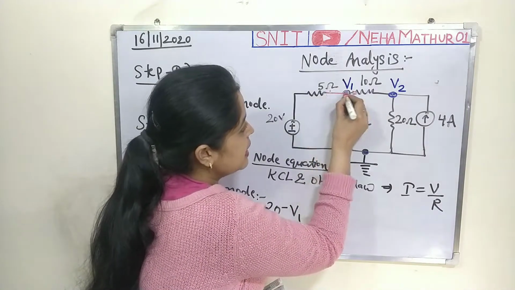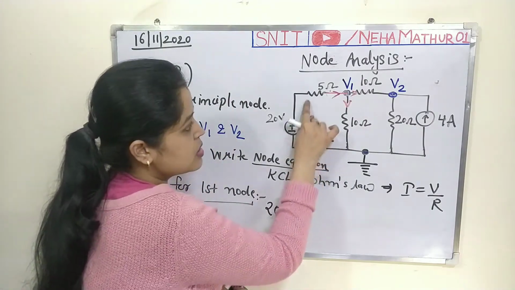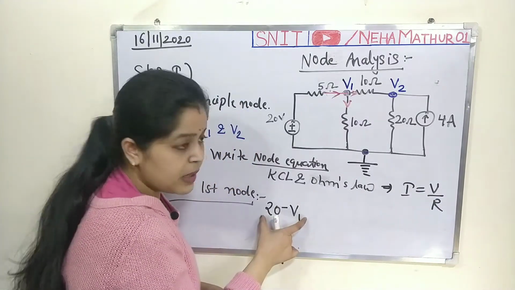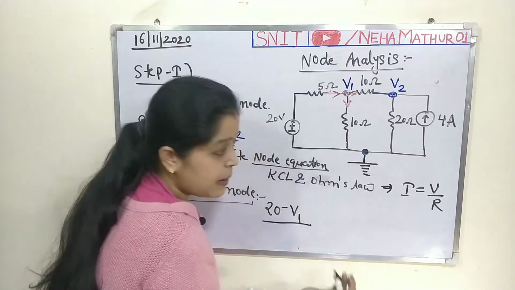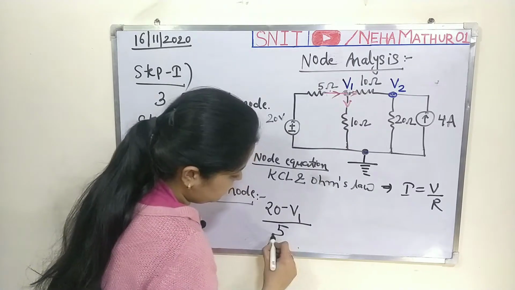And since I am taking it like this, that's why I am mentioning the current across this branch will be V by R. So the V will be 20 minus V1 divided by R. Across this branch R is 5.